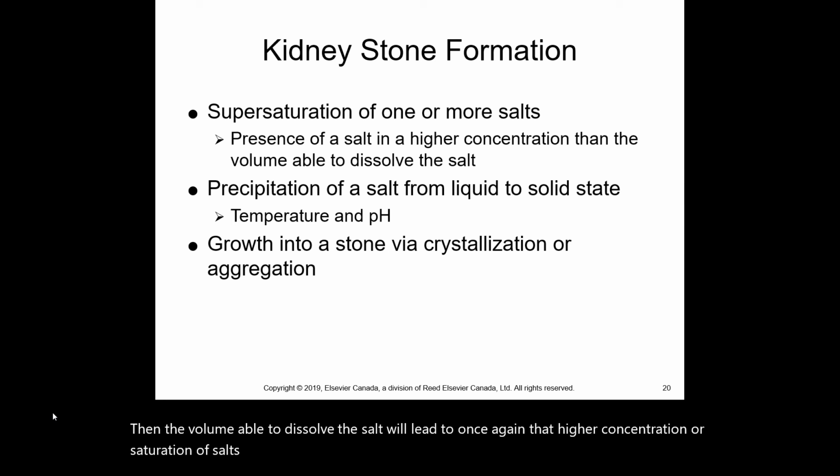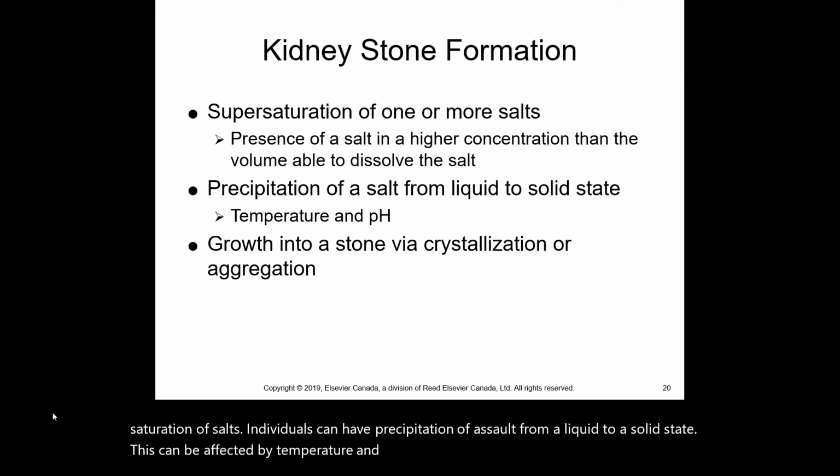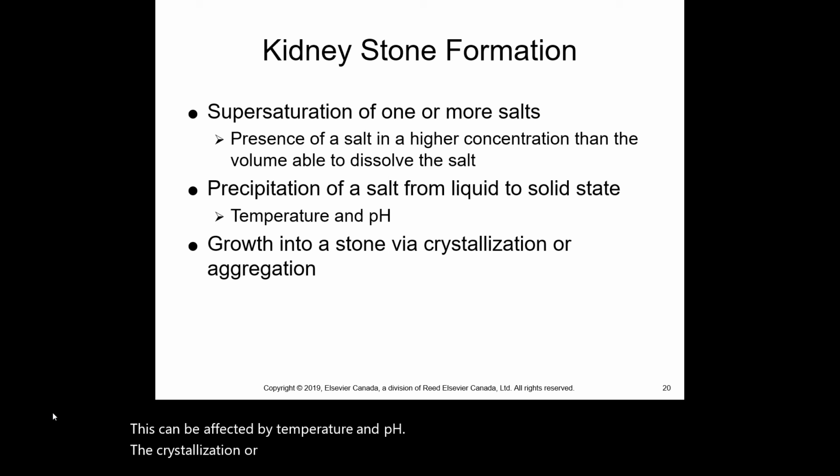Individuals can have precipitation of a salt from a liquid to a solid state. This can be affected by temperature and pH. The crystallization or the aggregation of these salts may lead to the growth of a kidney stone.